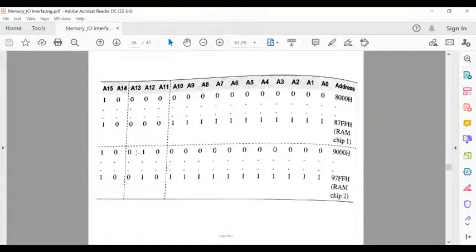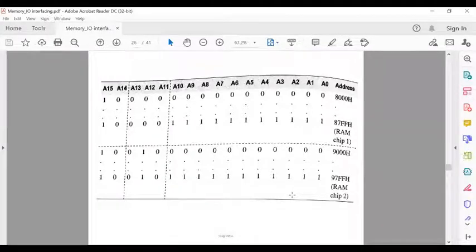That is 10010. It will remain the same. So now take these 4 digits into 1: 1001 represents 9, 0111 means 7, then 1111 means F, then 1111 means F. That is the last or ending address of RAM 2. So this is the memory mapping technique for RAM 1 and RAM 2.